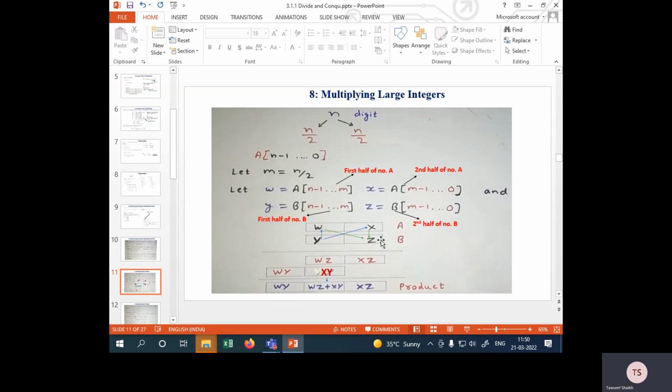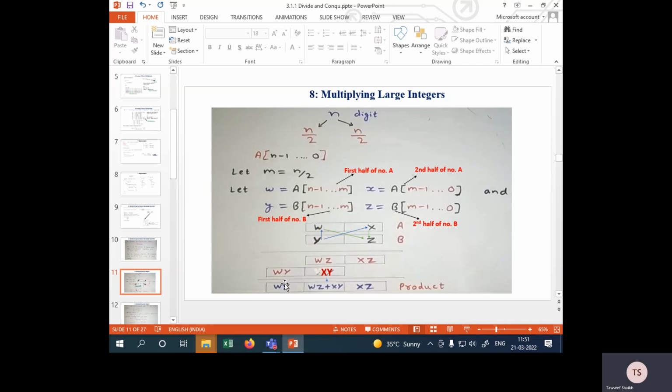Then we write it like this, x sort of array, w here, x here, y here, z here, जिसको रट्टा लगाना है. उसके बाद ग्रीन एरो पे जाइए, ग्रीन पे इस w को मैं z के साथ मल्टीप्लिकेशन करता हूँ, w into z, this is here, and x z, green वाला here. उसके बाद ब्लू, w y और x y, x y ऐसे लिखता हूं कि ये इसके ऊपर आना चाहिए, ये दो ओवरलैप होने चाहिए, they will be in the same column.